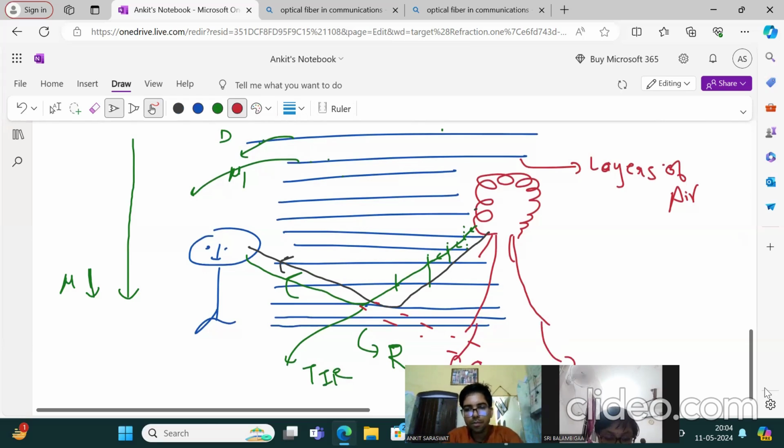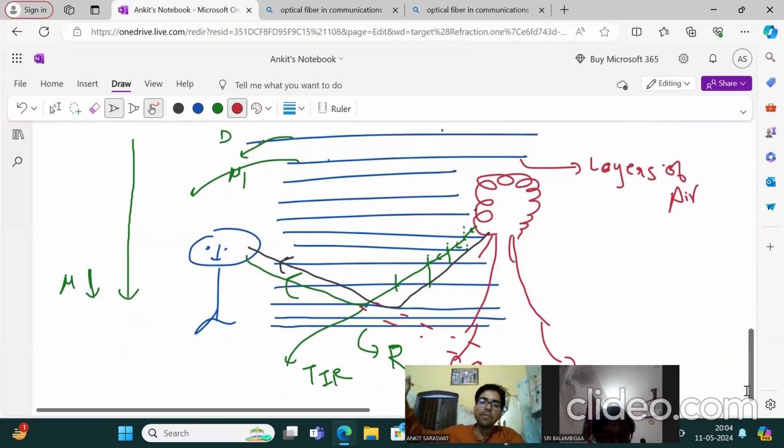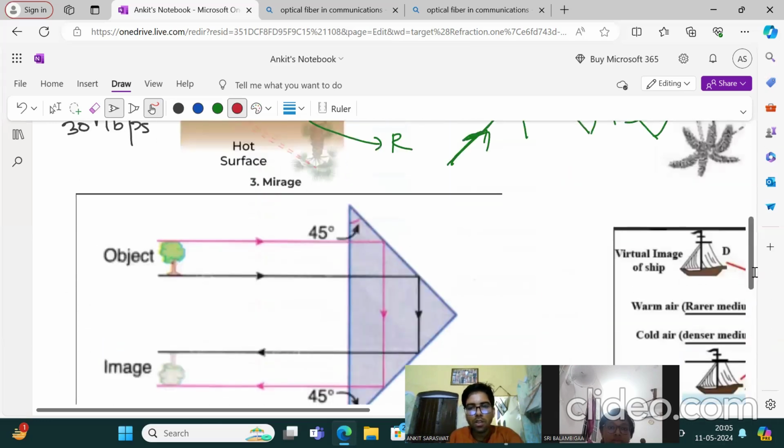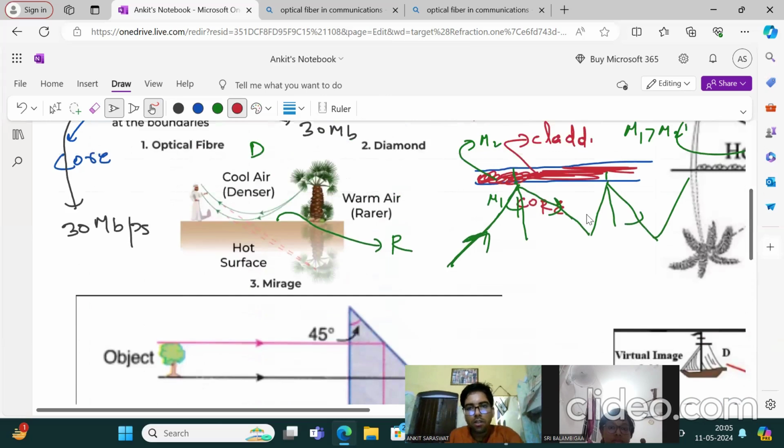Clear? Why is it so? Because the observer doesn't know the tree is very far in the desert area. From that tree, light is coming, and TIR happens. And in the eye of this observer, these rays are going to strike.